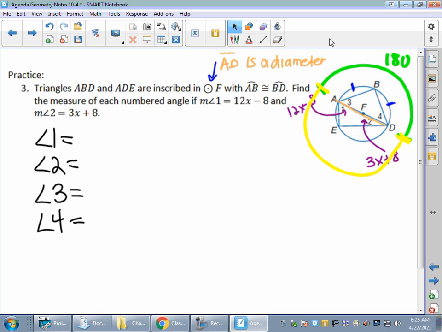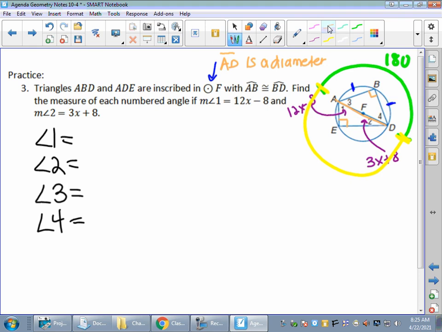What do you know about angles B and E? This is the important part from one of those theorems. If AD is a diameter, angle E has to be the inscribed angle, or the intercepted arc would be arc ABD. That's 180. Angle E is half of it. So E has to be 90 and B has to be 90.